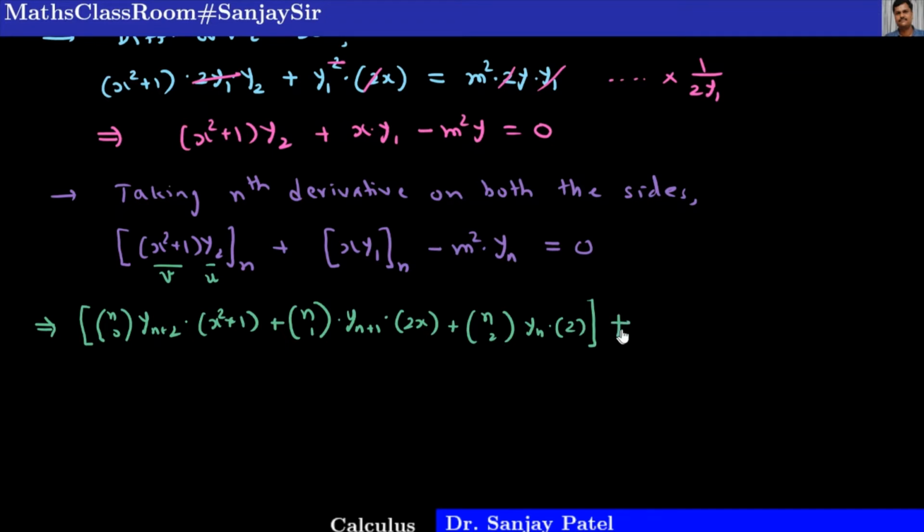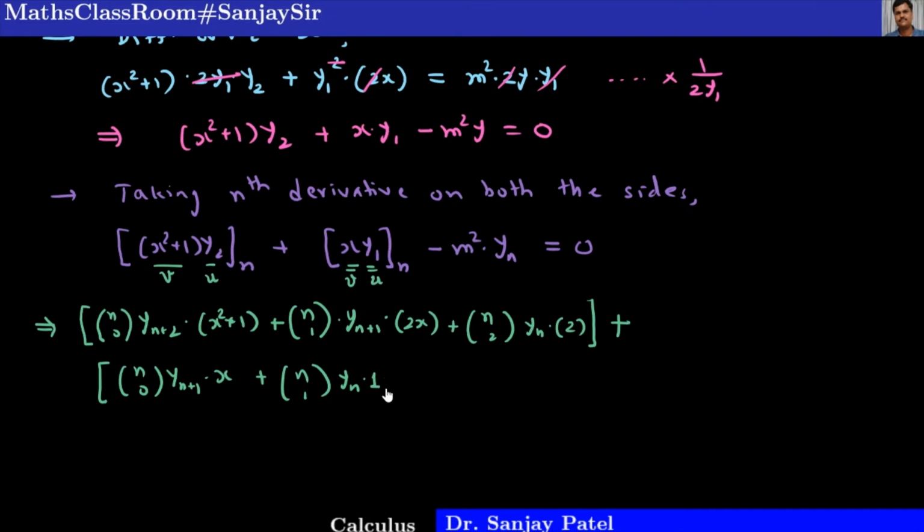Okay, this plus, again applying the Leibniz rule for finding the nth derivative of the product of these two functions. This is a polynomial of degree 1, so its second derivative is 0, so this I will take as v and this as u. So this implies what we get here is nc0, y1's nth derivative is yn plus 1, then x as it is, plus nc1, and one less than this, that is yn, into first derivative of x, that is 1.